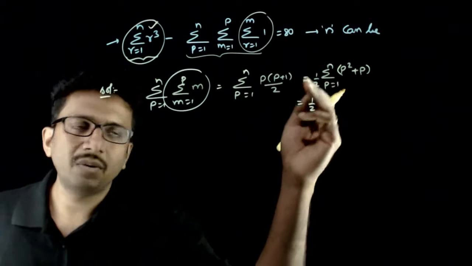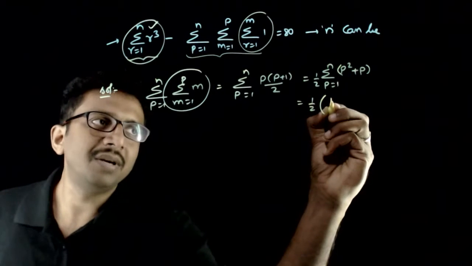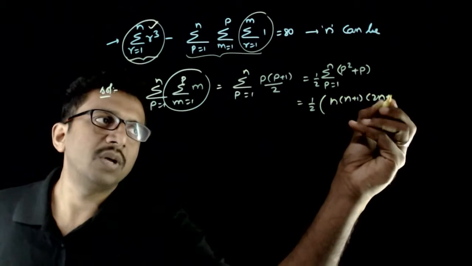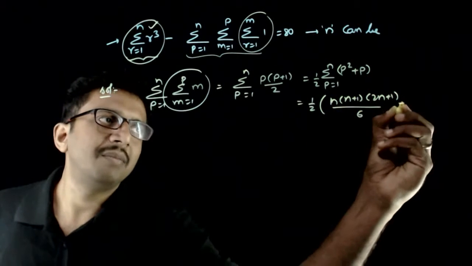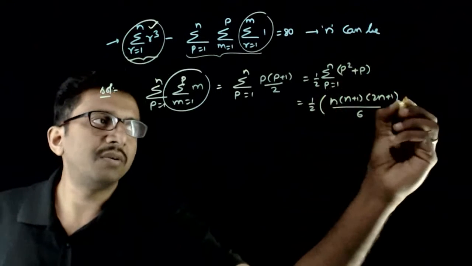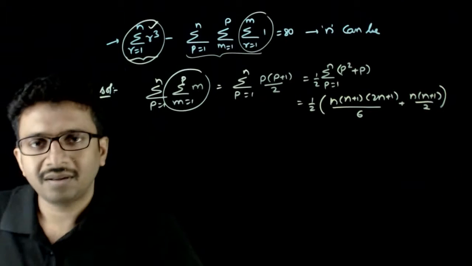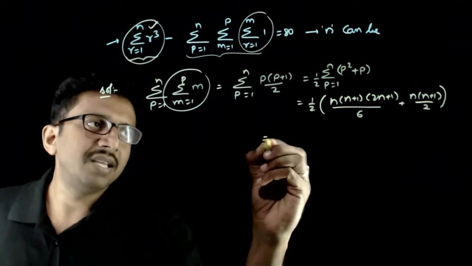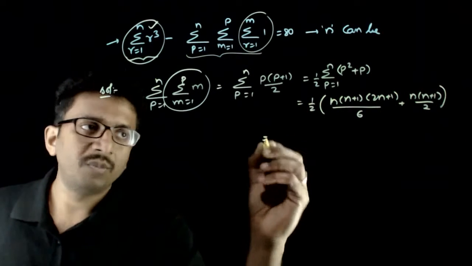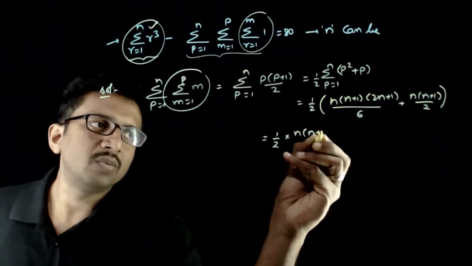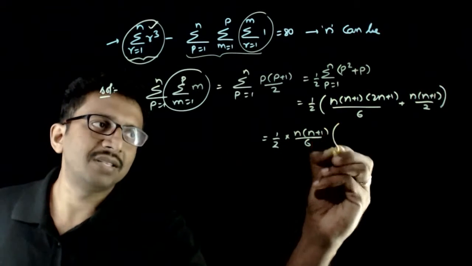That is equal to half of sigma p squared as p goes from 1 to n, which is n into n plus 1 into 2n plus 1 by 6, plus sigma p as p goes from 1 to n, which is n into n plus 1 by 2. Now n into n plus 1 is common in both of them. So 1 by 2 is already there, n into n plus 1 by 6 if you take 6 as common.